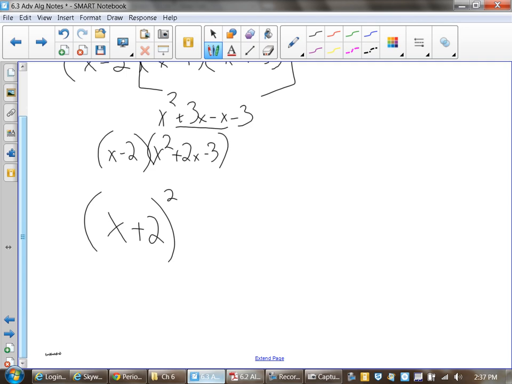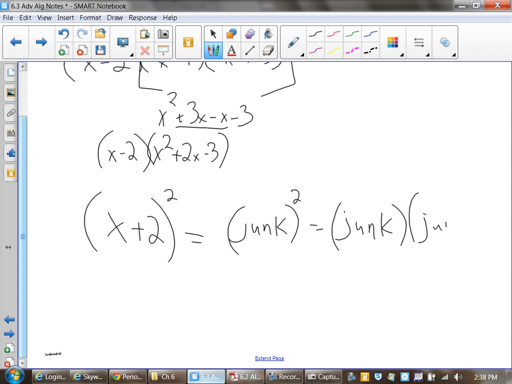Wrong! Don't say x squared plus 4x plus 4. Guys, that's junk squared, isn't it? It is, so it's just x plus 2 squared. Junk squared is junk times junk.